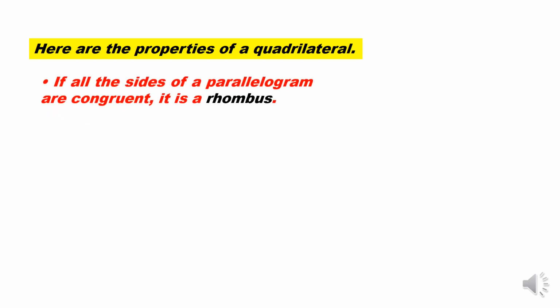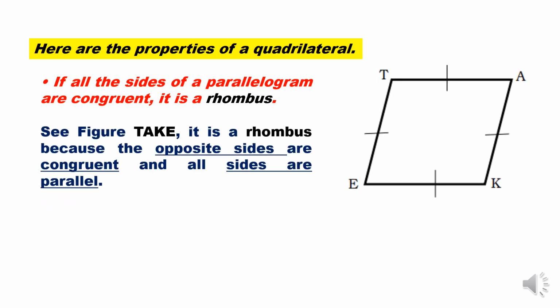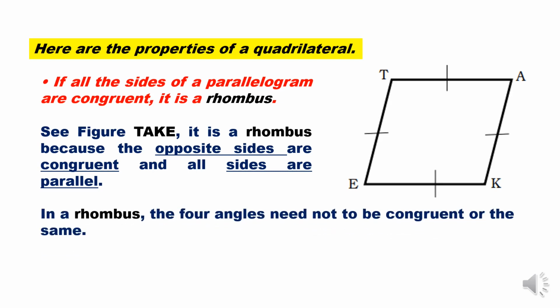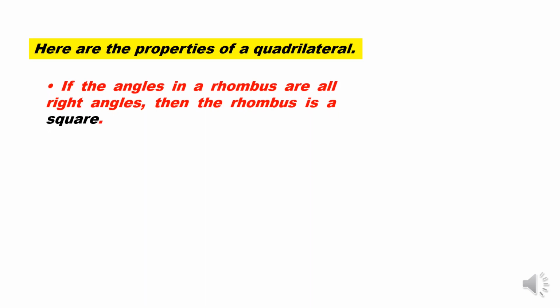If all the sides of a parallelogram are congruent, it is a rhombus. See figure take. It is a rhombus because the opposite sides are congruent and parallel. In a rhombus, the four angles need not be congruent or the same. If the angles in a rhombus are all right angles, then the rhombus is a square.